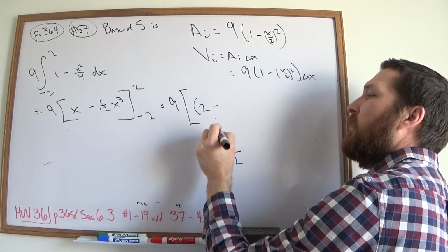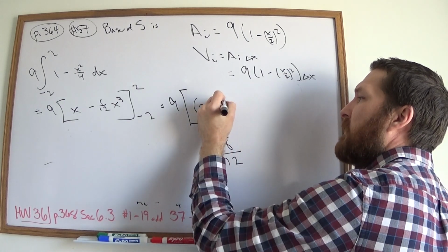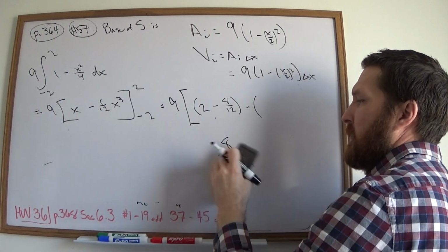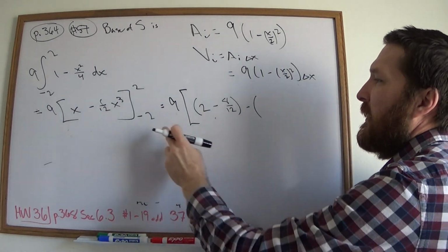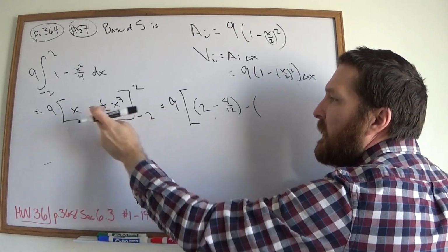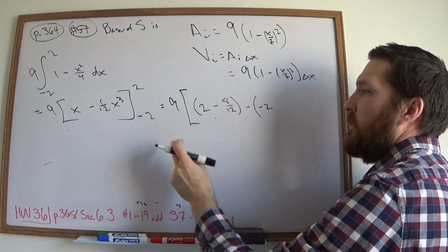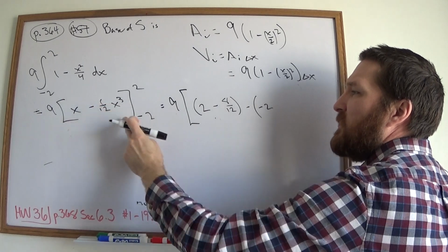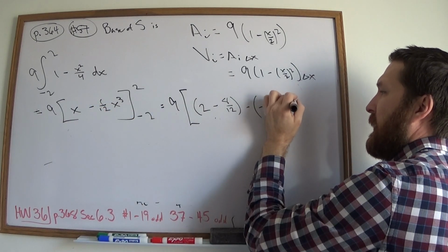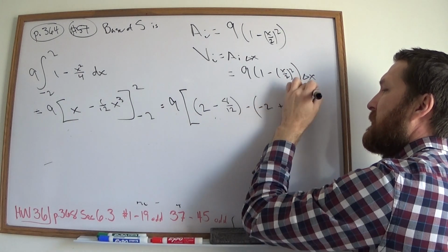Let's just try this: minus 8/12. Evaluating at negative 2, the minus gives me a plus 8/12, so it's going to double up.